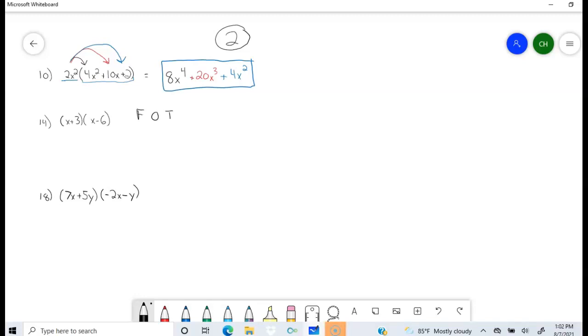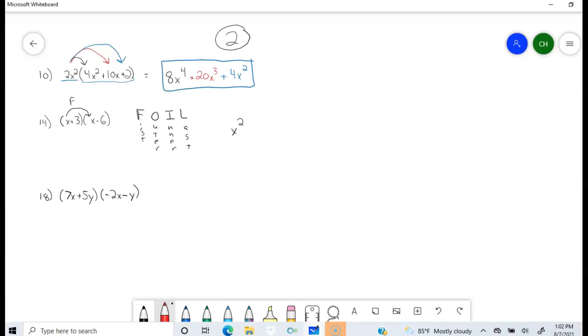FOIL. It's first, outer, inner, and last. So the first is x times x, which is x squared.